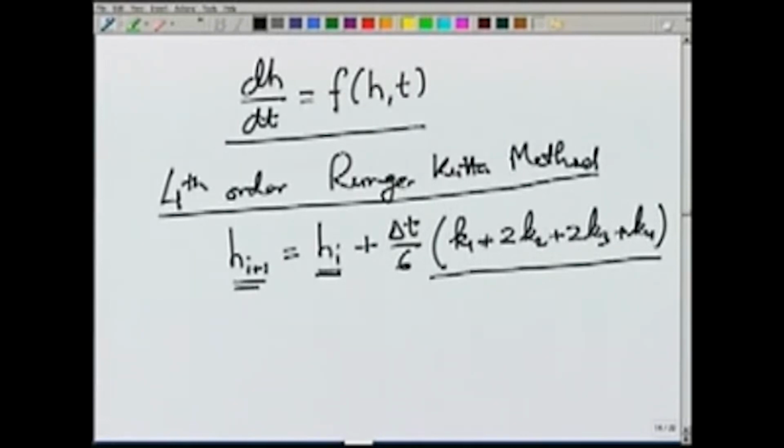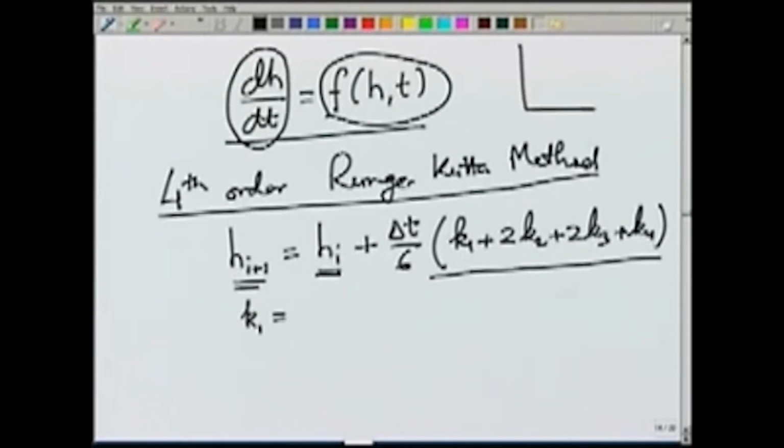The values of k1, k2 etc. are based on the function value of h and t. So, this is nothing but dH by dt, which denotes the slope of h versus t curve. So, dH by dt really indicates the slope at any point t. So, k1 is also a slope, but evaluated at the point which is ti and hi.